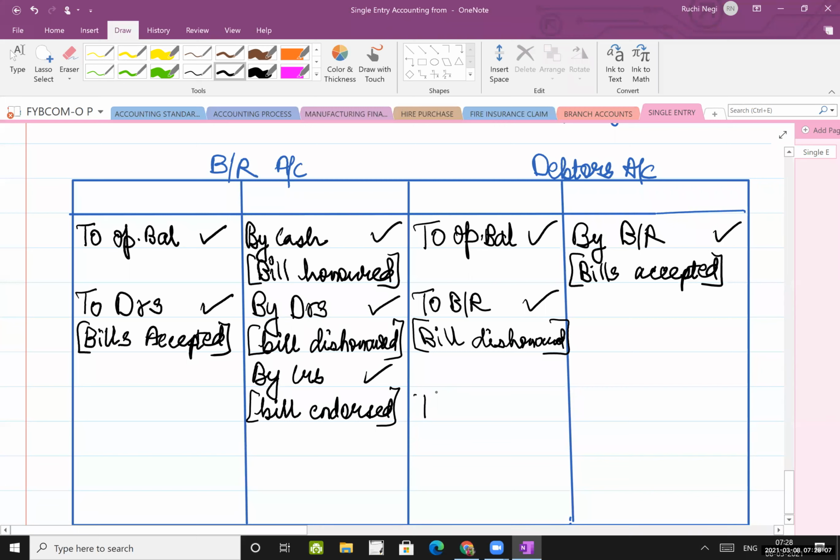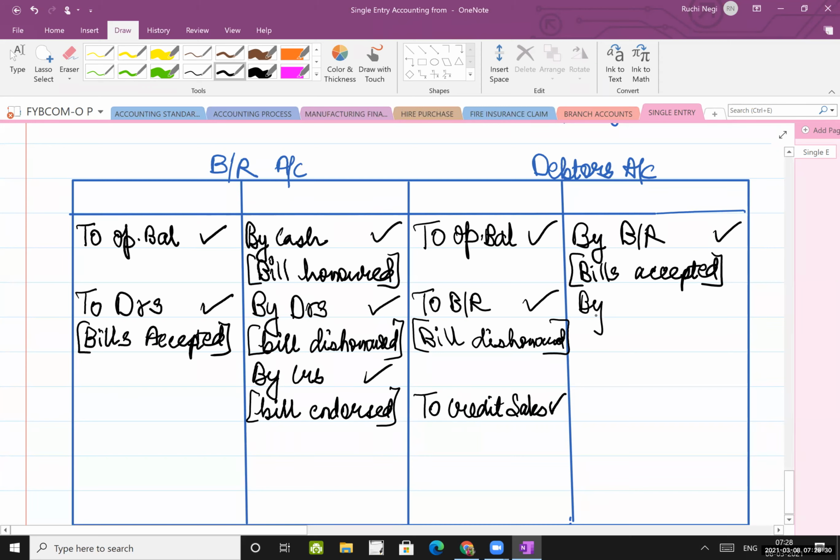Debtors to sales. The cash sales entry will not come here. Then money received from debtors: cash bank to debtors.